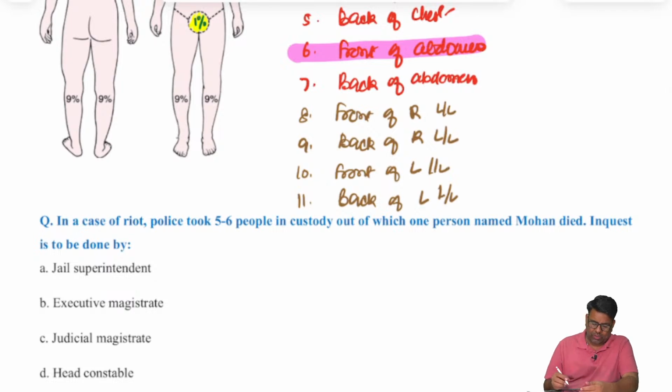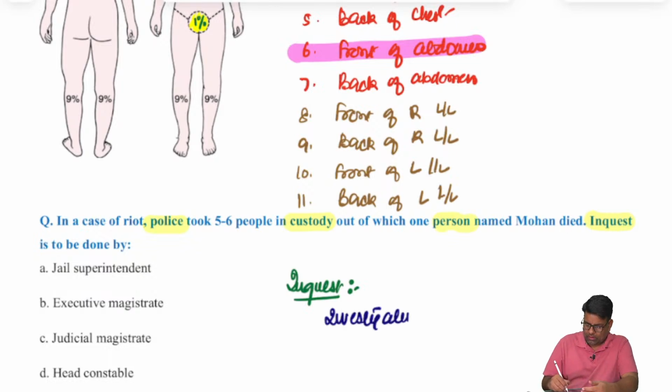Now, next question. A police took few people in custody and one of the persons died in police custody. Now, in such a case, who will do the inquest? So we know very well that inquest is actually the investigation into the cause of death.